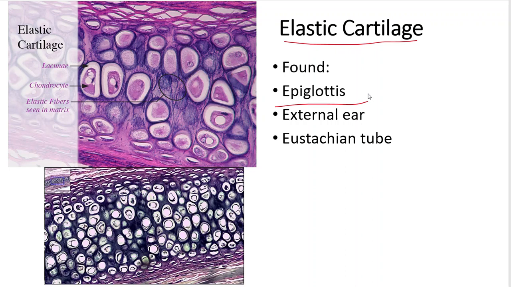These are things you're going to find on the epiglottis. Your external ear, the reason our ears don't break off when we hit something is because they've got elastic cartilage in them that keeps them in shape, but they are bendable. The Eustachian tube that runs from the back of the nose to the middle of the ear is also this elastic cartilage. This is fairly easy to tell, and again, it looks like cartilage.